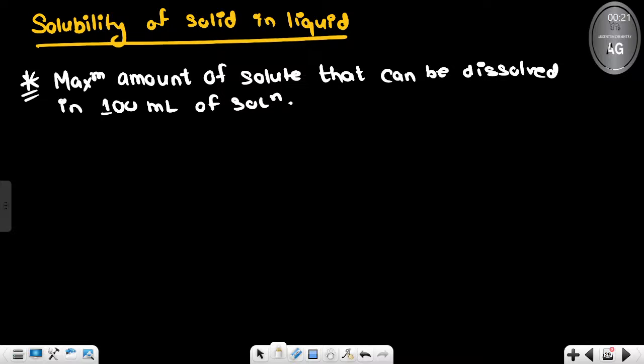Since it is a liquid, so 100 ml of solution. So how much solute you can dissolve in 100 ml of solution, that is known as solubility. Definition simple.